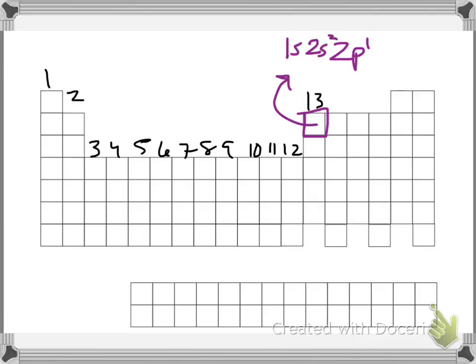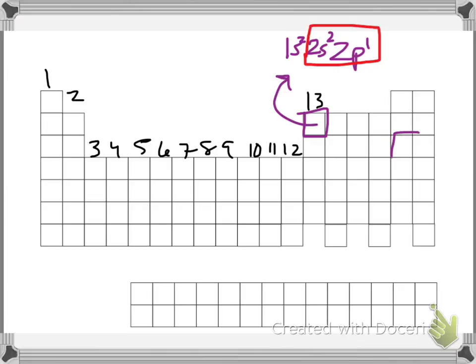The things in the highest main occupied energy level are the valence electrons. So how many valence electrons does that element have? 3. s2p1. And guess what group it's in? 13. 13 minus 10 is 3.